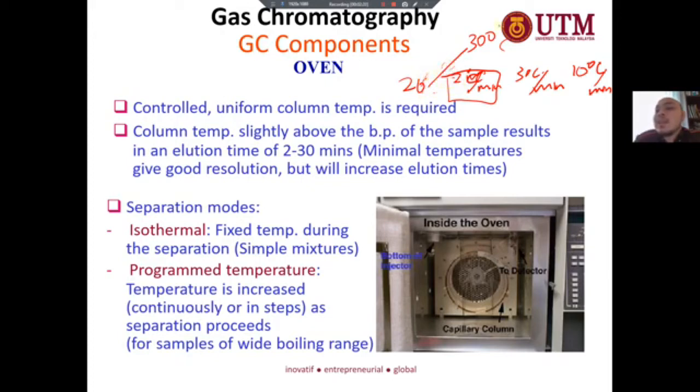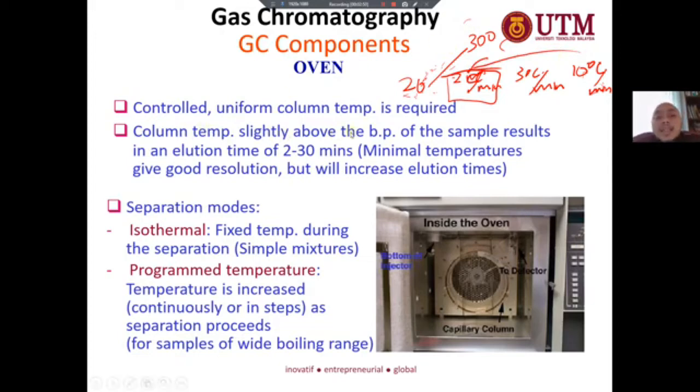For 10 degrees C per minute, it will increase 10 degrees Celsius within a minute. In minute 1, it will increase to 30 degrees Celsius, and in minute 2, to 40 degrees Celsius. So you will reach 300 faster here compared to here.